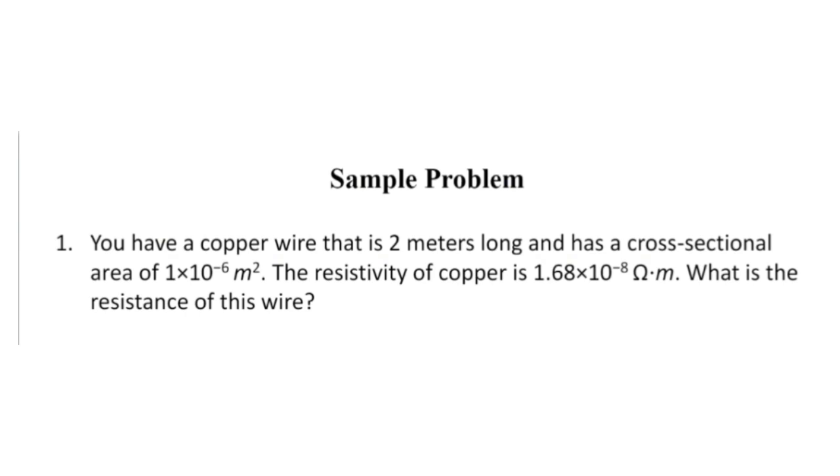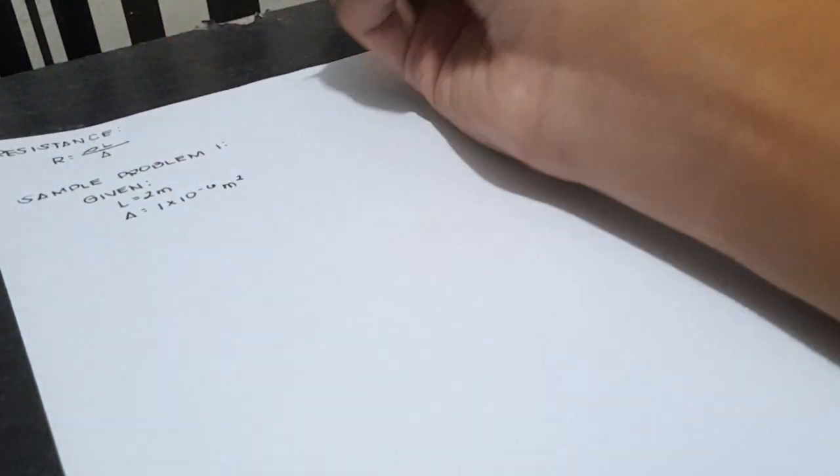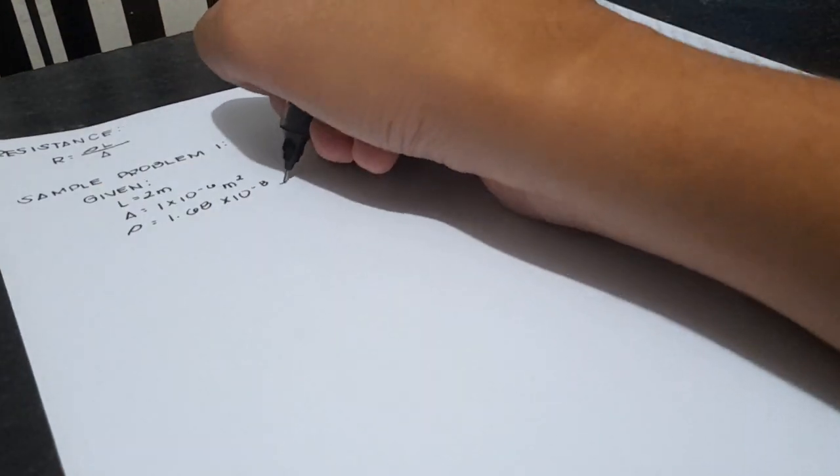What is the resistance of this wire? We have our given length of 2 meters long and a cross-sectional area of 1 times 10 raised to negative 6 meters squared. We also have our resistivity, which is 1.68 times 10 raised to negative 8 ohm-meters.